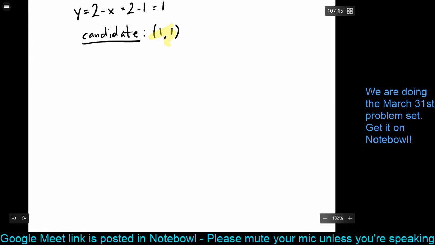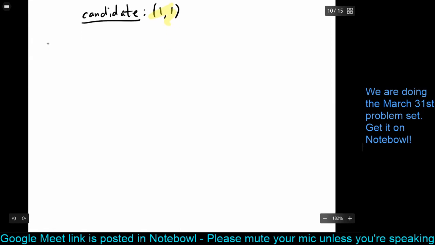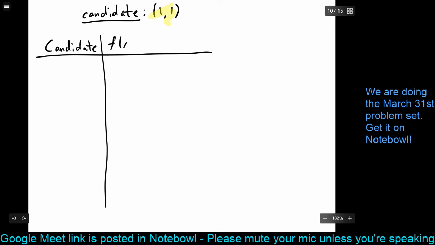Right? So at this point, what we want to do is just write down our candidate and its value in the function f of xy, which as a reminder is x squared plus y squared minus 2x minus 2y.